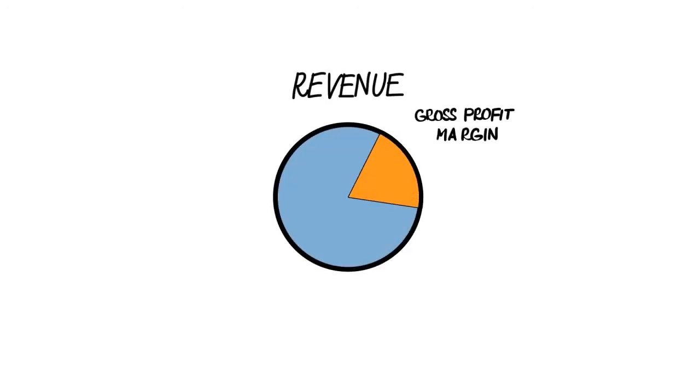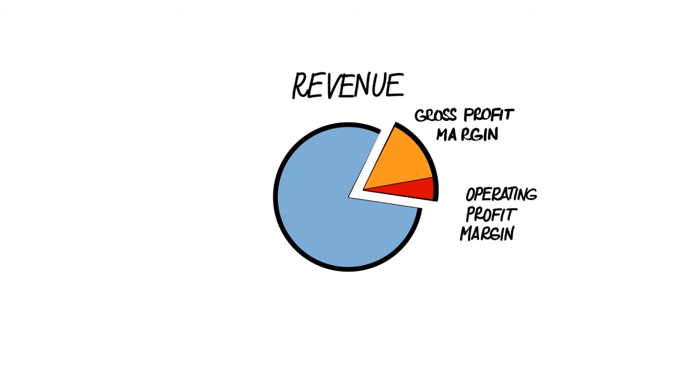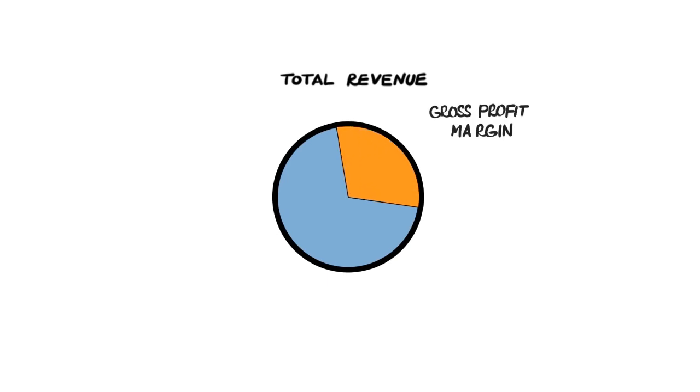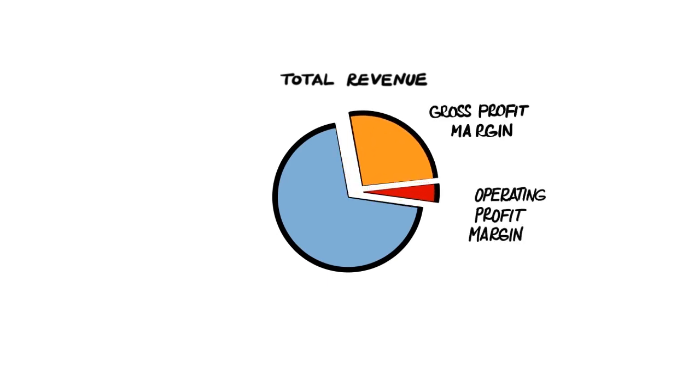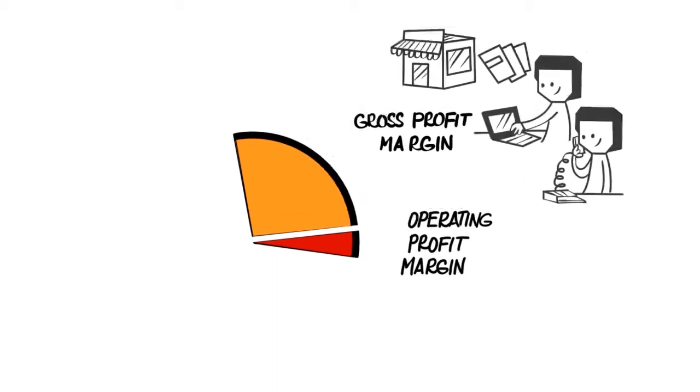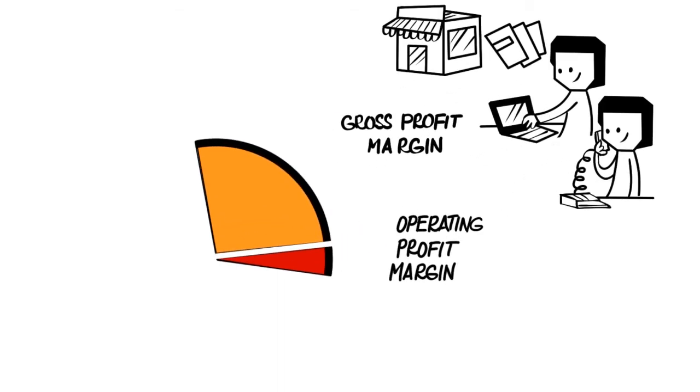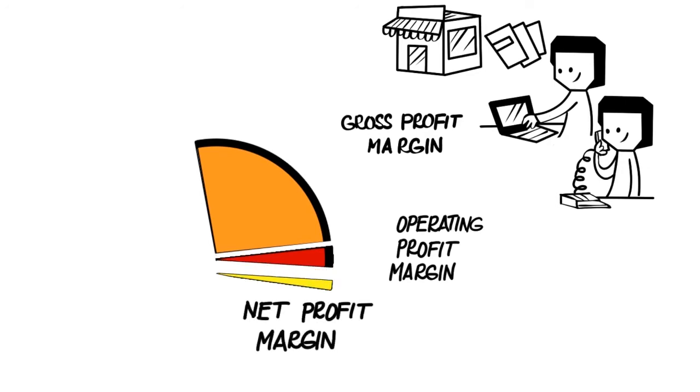If your gross profit margin is low, your operating profit margin may also be low. If your gross profit margin is good, but you have a low operating profit margin, it means you're not keeping your expenses under control. Net profit margin shows your business's performance in general.